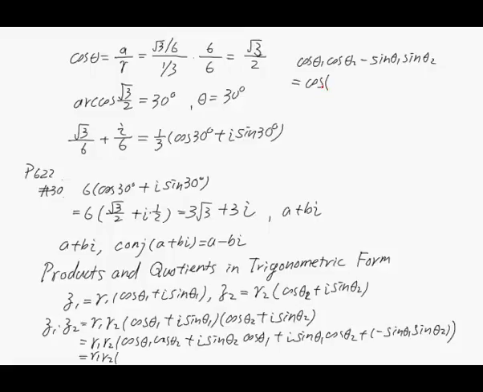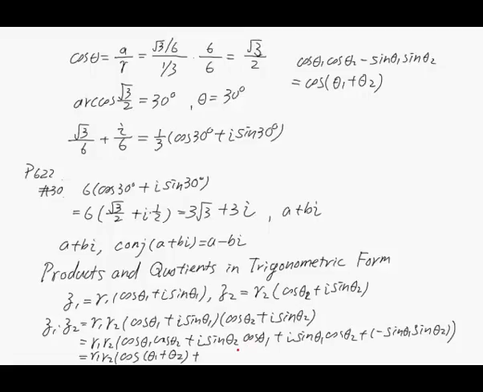Don't just forget what you have learned, right? It should be cosine of the sum, theta 1 plus theta 2, right? So that means this part plus this part, you have the cosine of theta 1 plus theta 2.